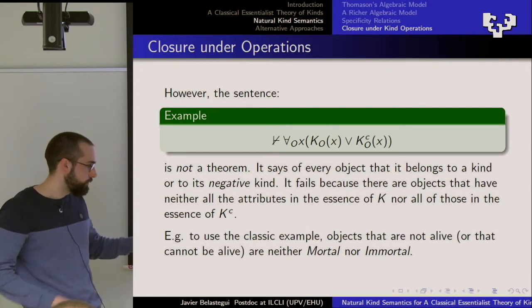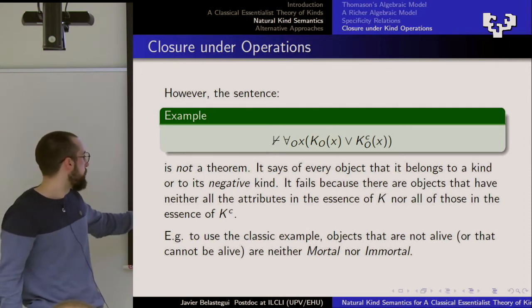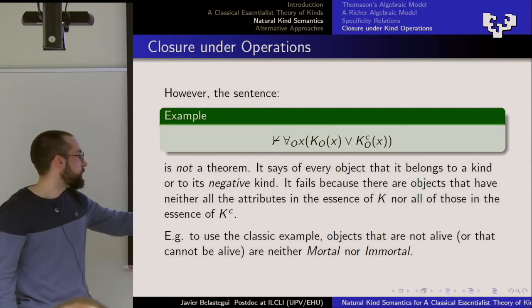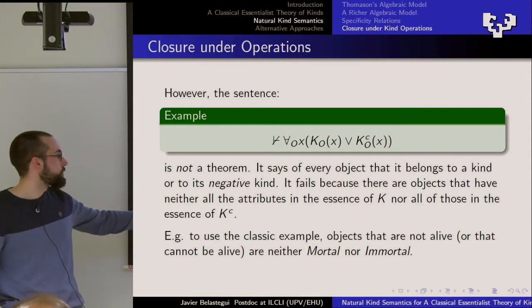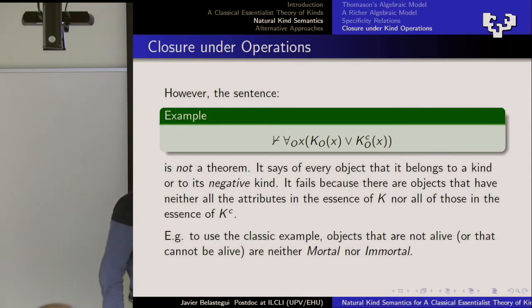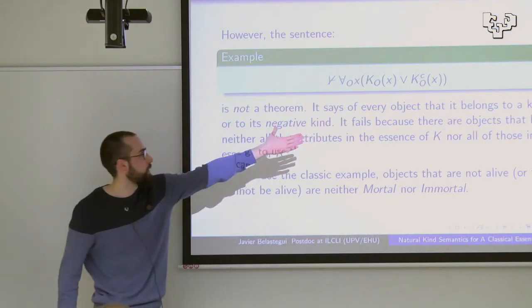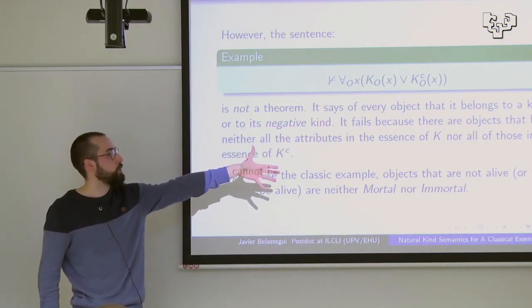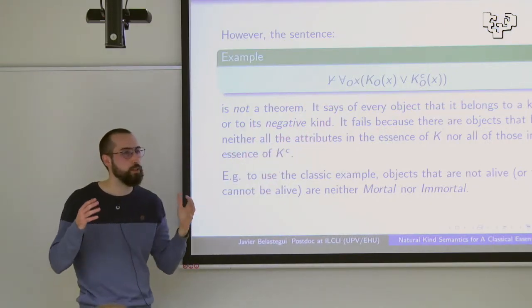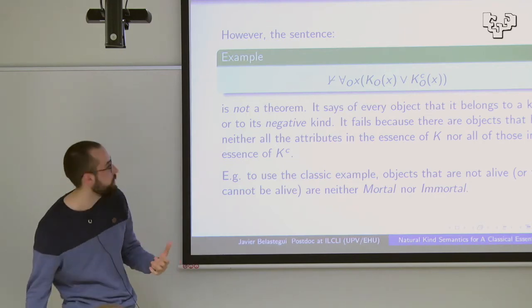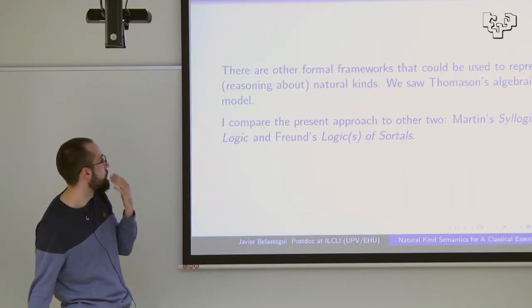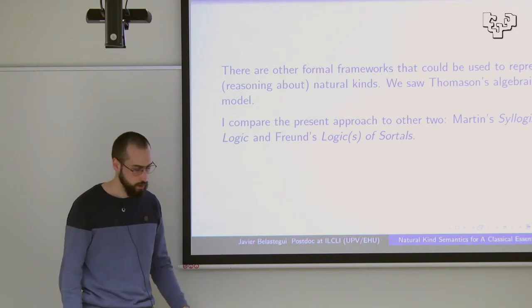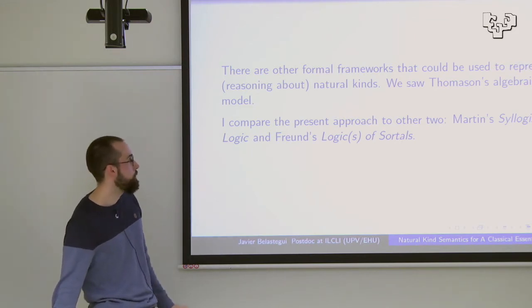I have some doubts, but objects that are not alive or cannot be alive are neither mortal nor immortal. So you can think about the negation of a kind as being denoted by something like a contrary term, not a contradictory term. Okay, and there is some other interesting stuff about the semantics.